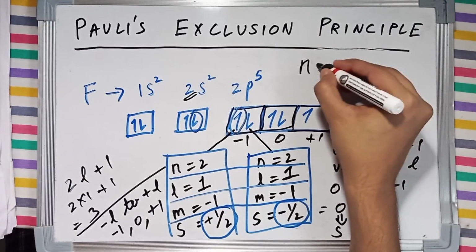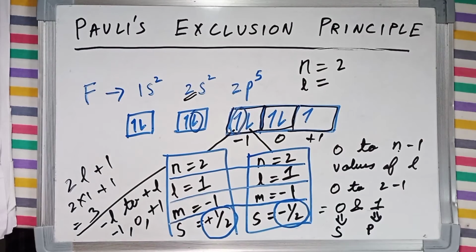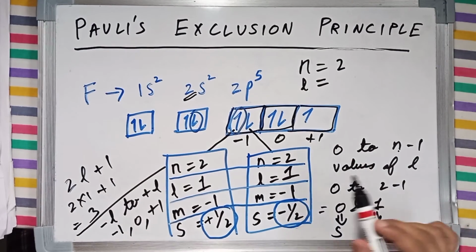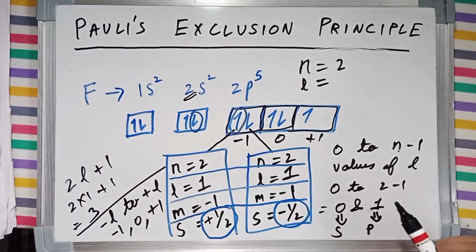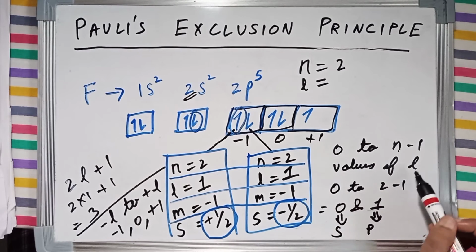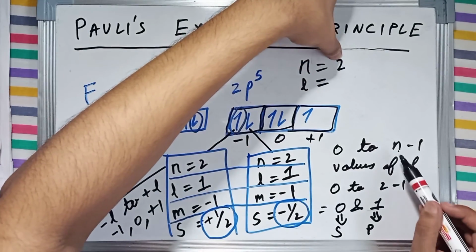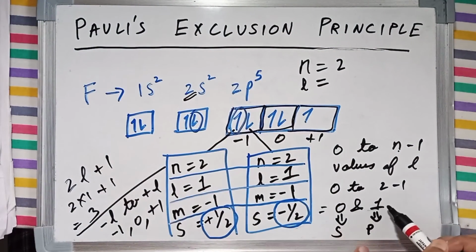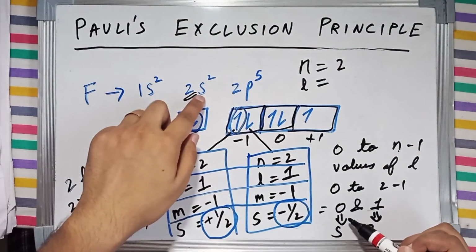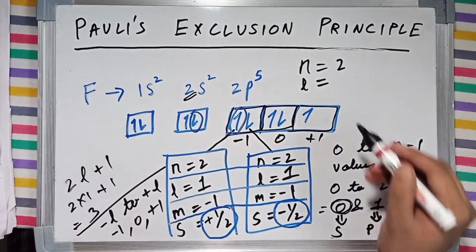What is the value of l? As I said, the value of l will be 0 to n minus 1. So the value of l is 0 to 2 minus 1, which gives us 0 and 1, and it's an s subshell, so the value of l is 0.